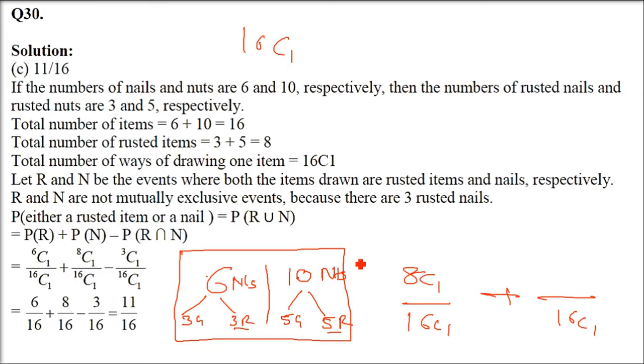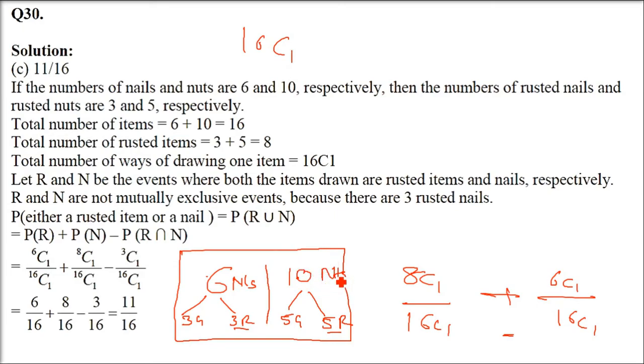How about the nails? How many nails are there? These are nails, so 6 nails are there. You are picking 1 out of them, 6C1. When you find this kind of answer, you'll see the answer will come wrong. Why? Because we have not taken the intersection. We have to apply the addition theorem here, because there are nails which are rusted also, no?